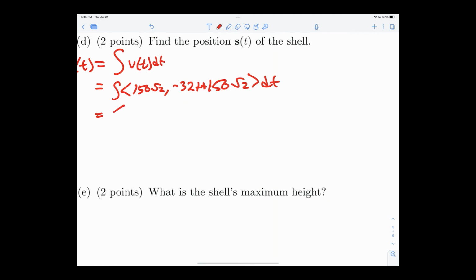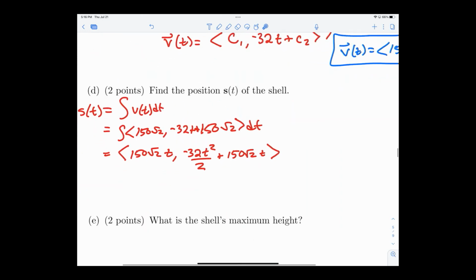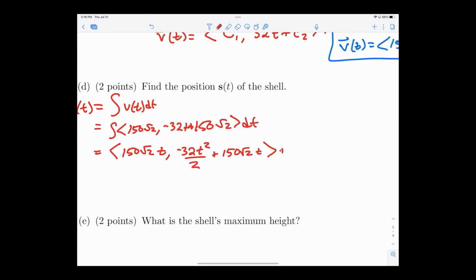So we're going to get ⟨150 root 2 t, negative 32 t squared over 2 plus 150 root 2 t⟩. I didn't put my constants. I should have put my constant in there when I integrated, but I didn't. So I'll have to put them at the end here, C1, C2.